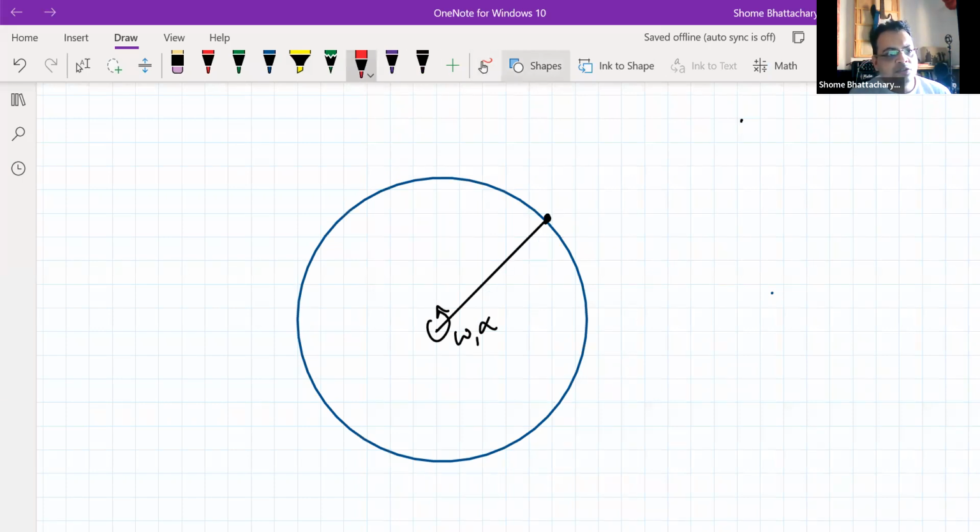First of all, its instantaneous velocity will be in which direction? It will be in the tangential direction. So the velocity vector at any point of time in a circular motion is always pointing along the tangent to the circle at that point. Okay, so this is what we call the tangential axis, whereas this is called the radial axis.